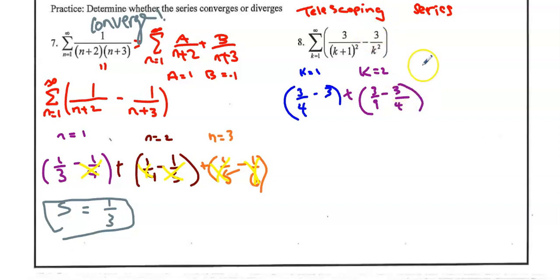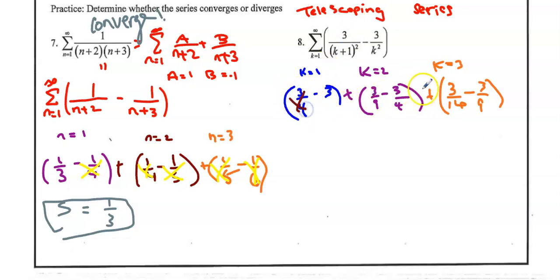Then if we go to the k equals 3 term, we do plus 3 over 4 squared, which is 3 over 16, and we subtract 3 over 9. Just like in the previous example, hopefully we can see the pattern.